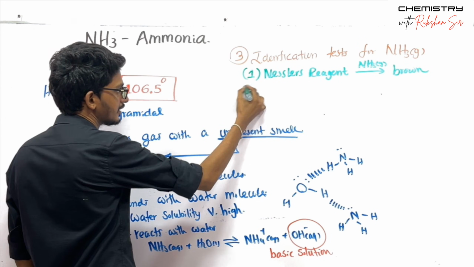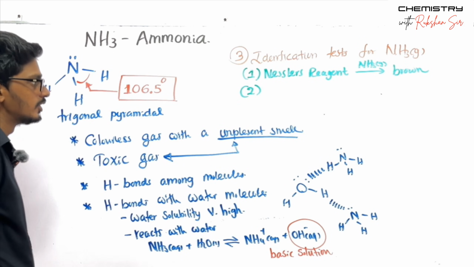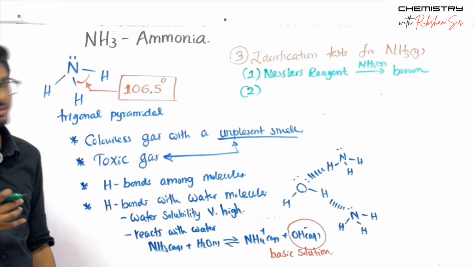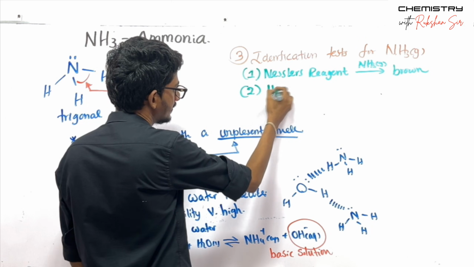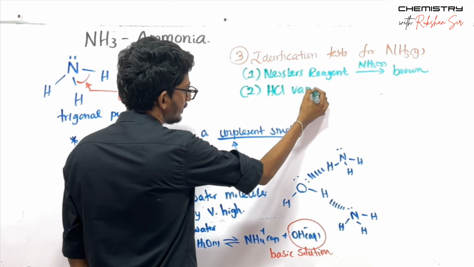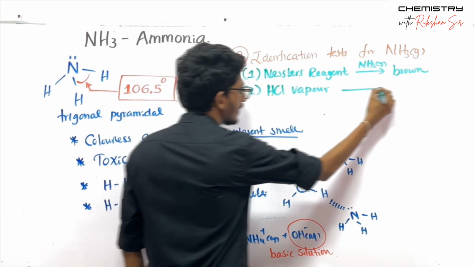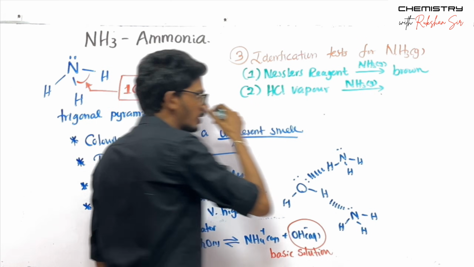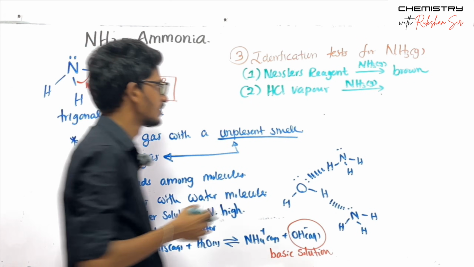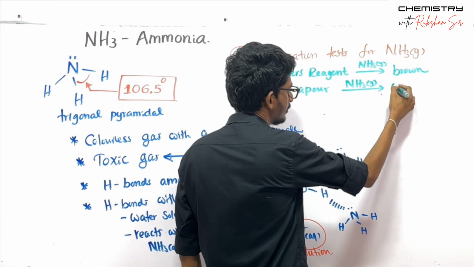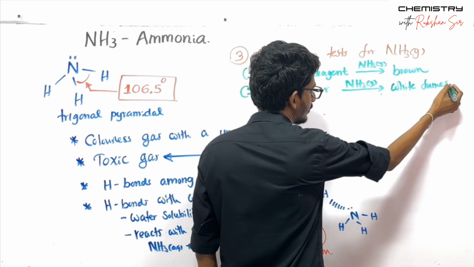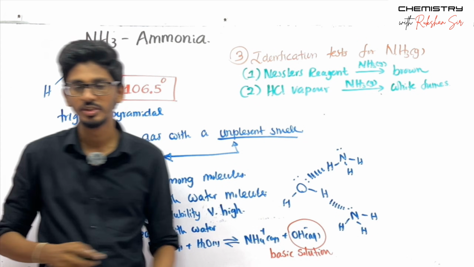The second test, you can use HCl vapor or the lid of the concentrated HCl bottle. If you direct ammonia to that HCl vapor, what will happen? White smoke, white fumes, in the form of NH4Cl.